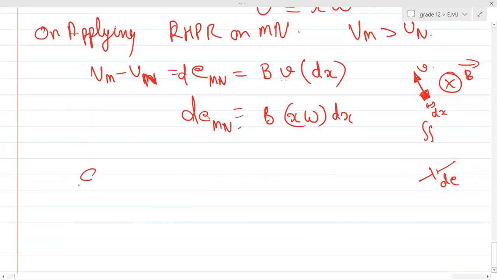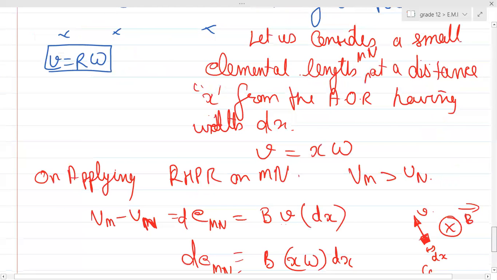So when you integrate this dE over MN, then it becomes the EMF across the whole PQ rod. Yes or no?